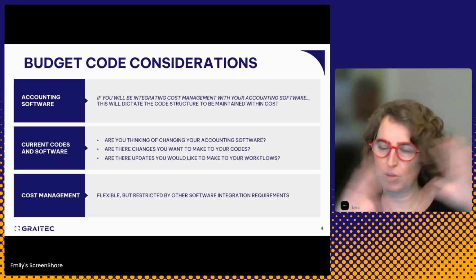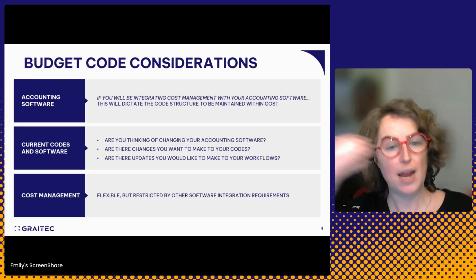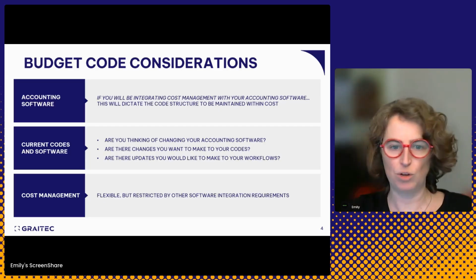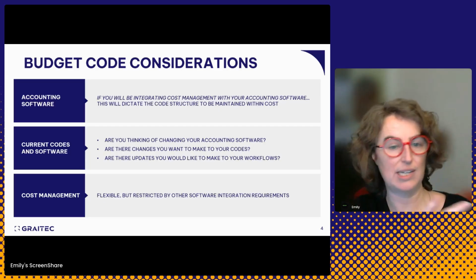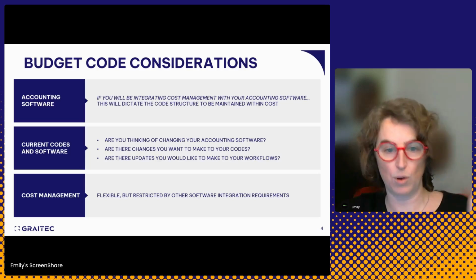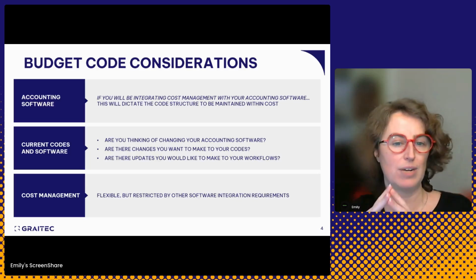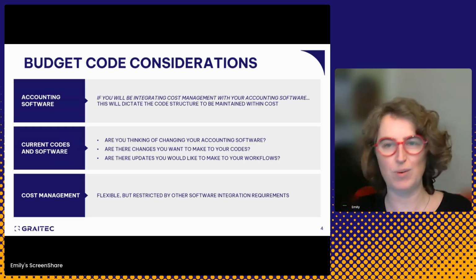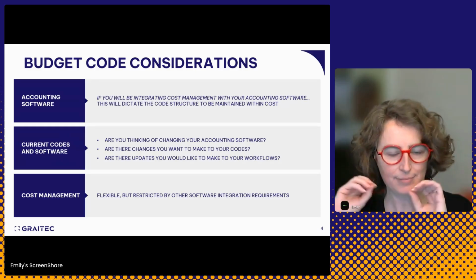And then if you're going to stick with your current accounting software and you want to adjust your code structure because you've been using 16 divisions, as was the standard for a long time, and now you're going to expand and move into the 48 divisions, well, we're going to need to get that set up before we think cost management.